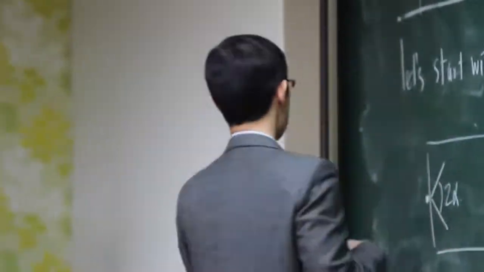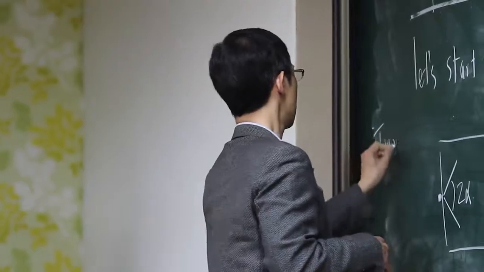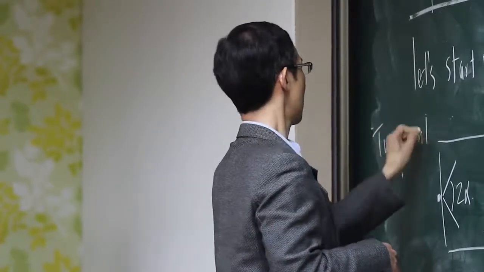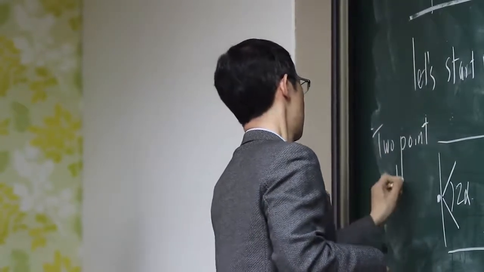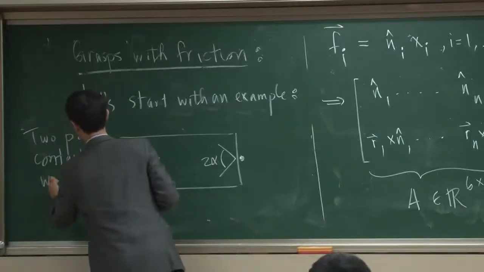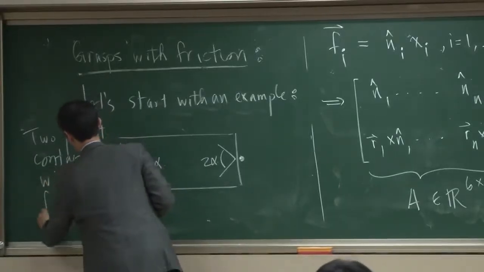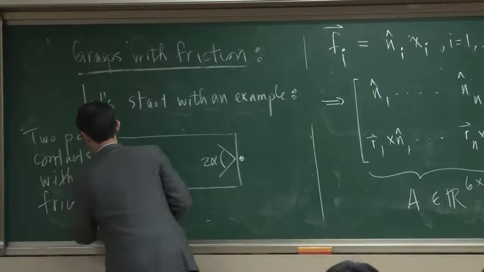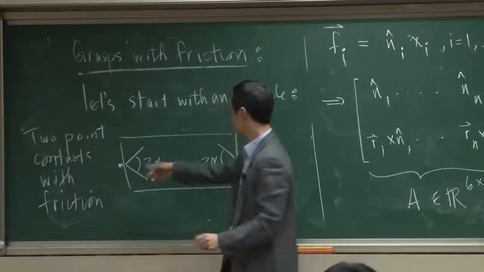So we have 2 point contacts with friction, the left and the right.